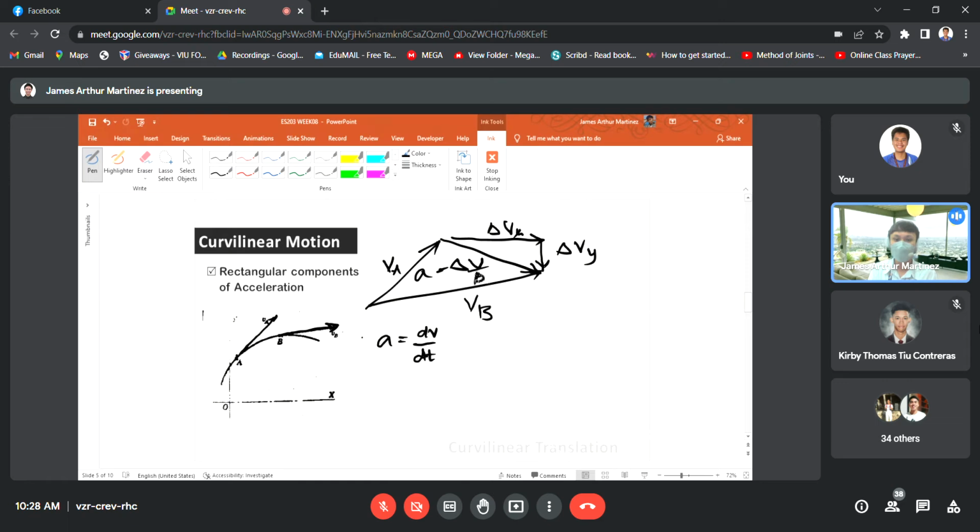So this is acceleration, from point A to point B in this manner, and these are our Ax and Ay.